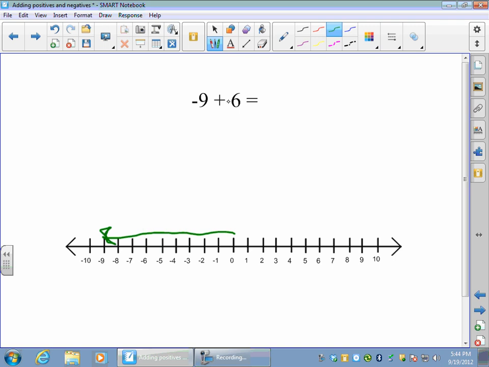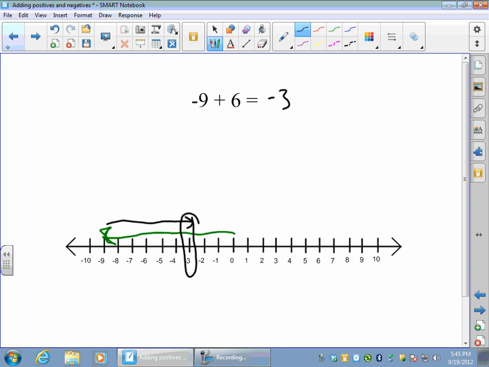When I add a positive, that means go to the right. So I'm going to add 6. So I'm going to go to the right 6 places. So 1, 2, 3, 4, 5, 6 places right there. And I am at a negative 3. So negative 9 plus positive 6 is equal to negative 3.